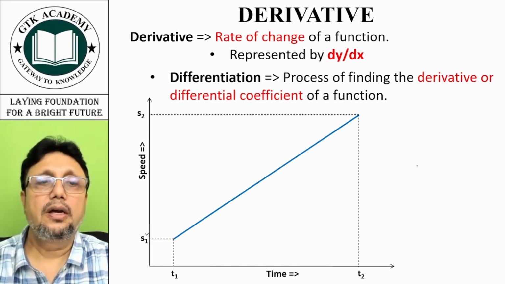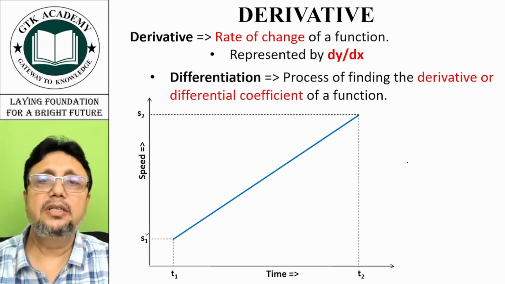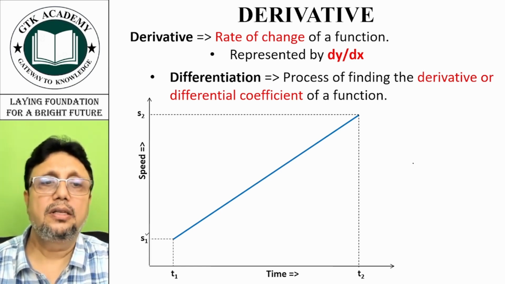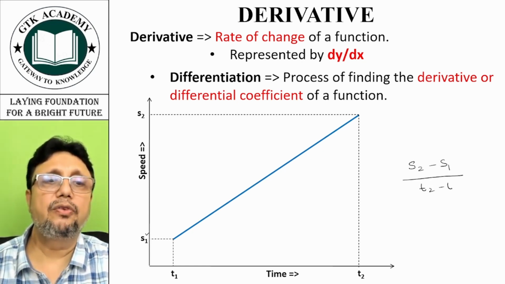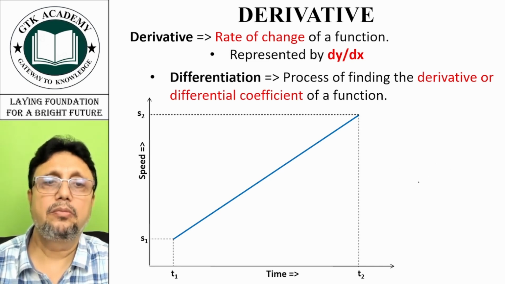Now what is rate of change? The speed became s2 from s1. That means s2 minus s1 is the change in speed. In how much time? t2 minus t1. So this is rate of change of speed with time.